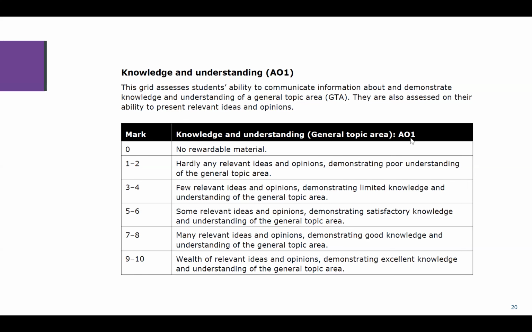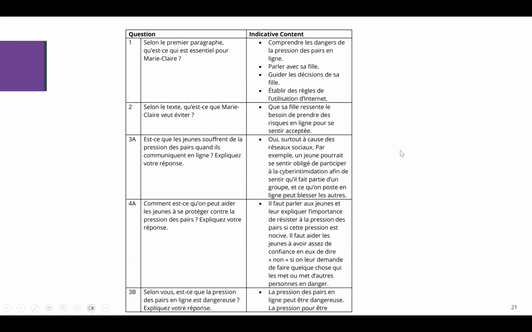Now, one of the things I wanted to remind you of is that within the mark scheme there is what we call an indicative content, and this is an example of it. For questions 1 and 2, if you recall, question 1 is asking about the first paragraph, and for question 2 the information will be picked from the second paragraph.